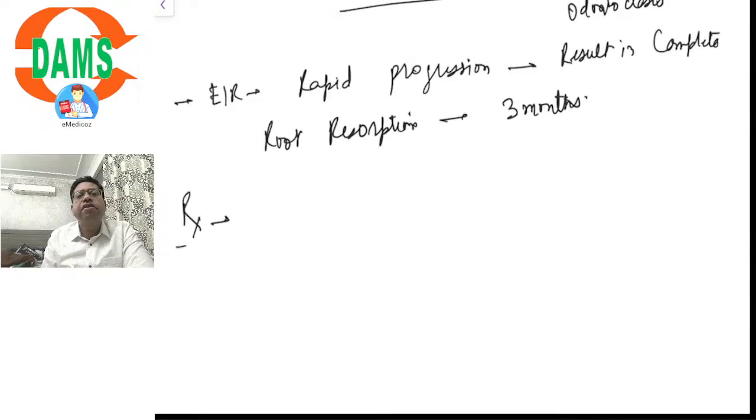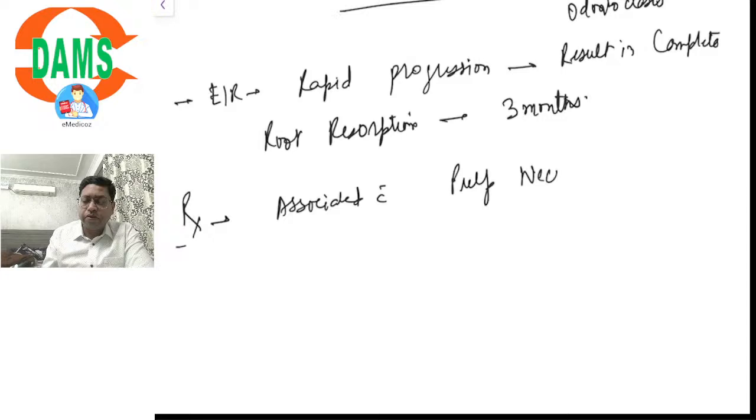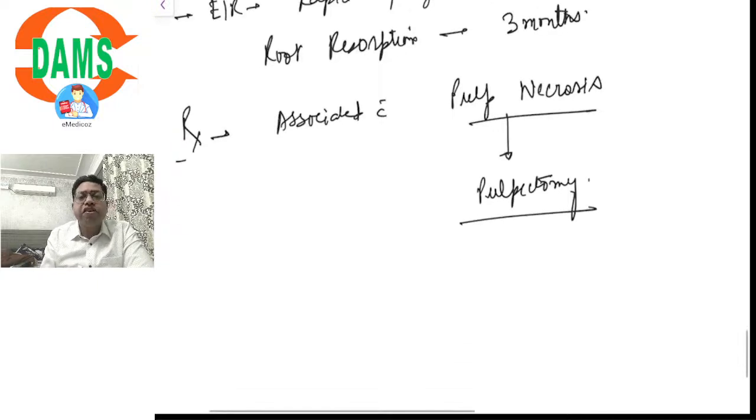Now, what is the management or the treatment for this condition? As the name indicates, external inflammatory root resorption is associated with pulp necrosis or degeneration in the advanced stages. So what we have to do is pulpectomy, to remove the infected pulp from the root canals.